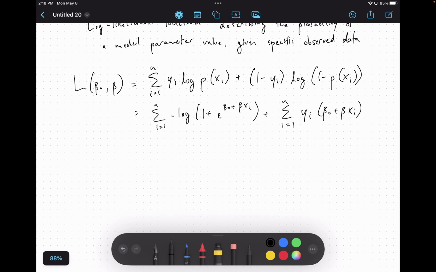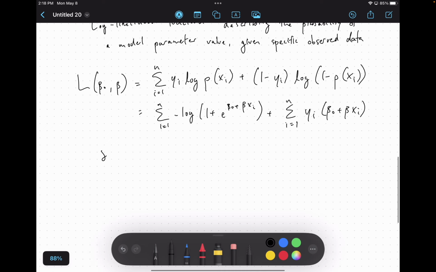Okay, and to solve for the betas, essentially you set your partial derivatives equal to 0 and approximate numerically. Which means, unlike the linear regression, this doesn't have a solved analytical solution, our X transpose X inverse times X transpose y.